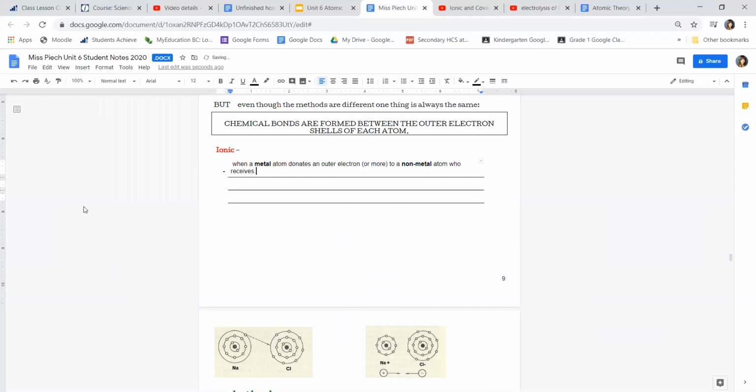So you have one who gives, the other one that receives, and then what happens is the metal becomes positive and the non-metal is negative.